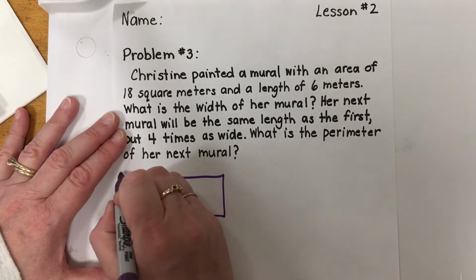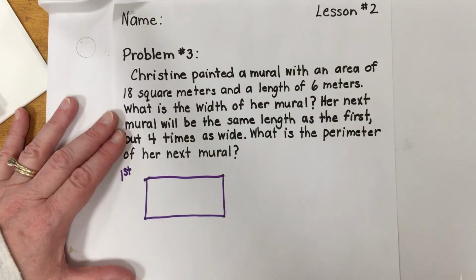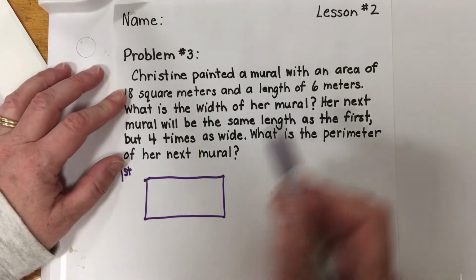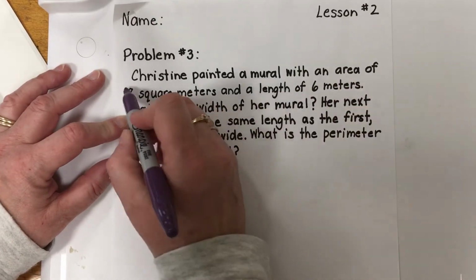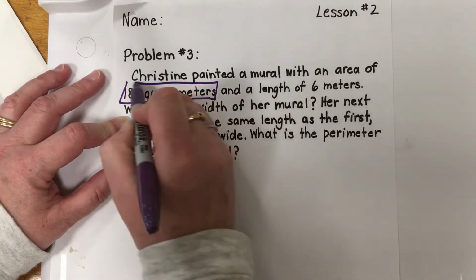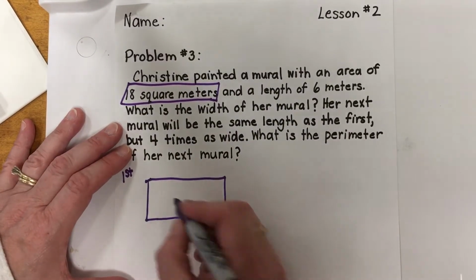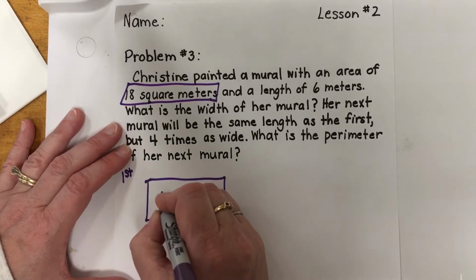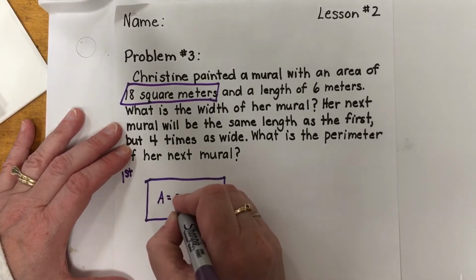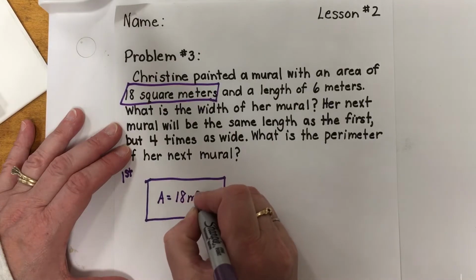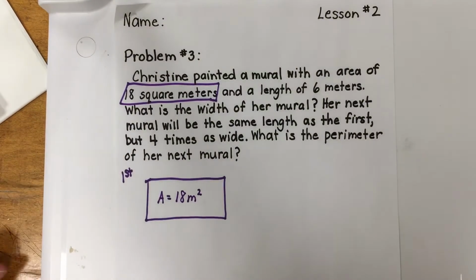And this is her first one, so I'm going to label it first. And up here it says it has an area of 18 square meters. Well, remember, you had learned before we put the area inside. So A for area equals 18 square meters.